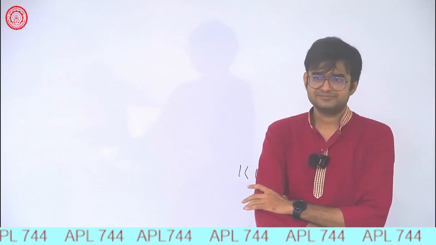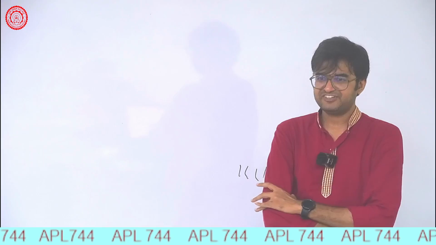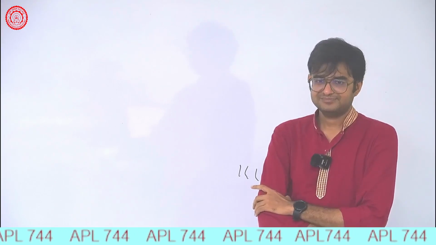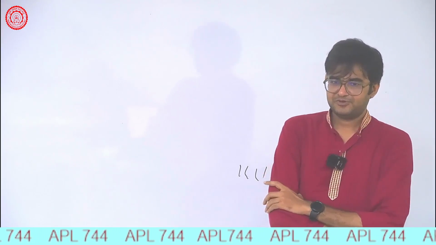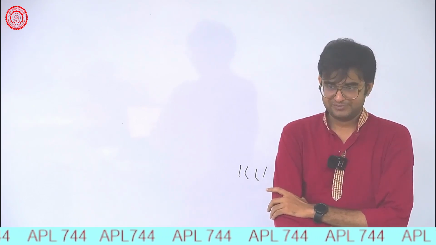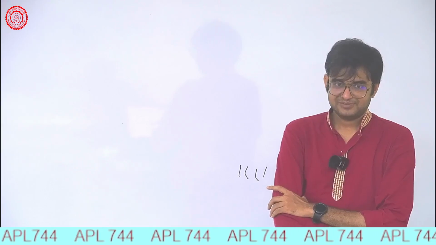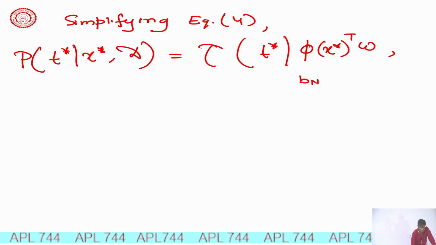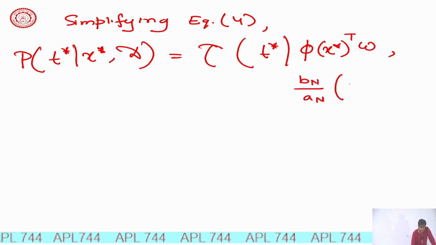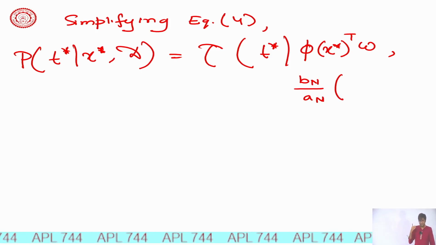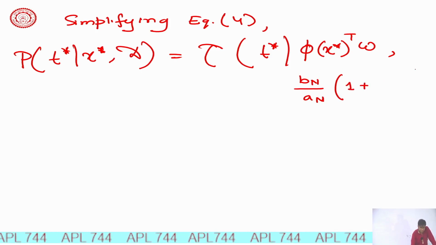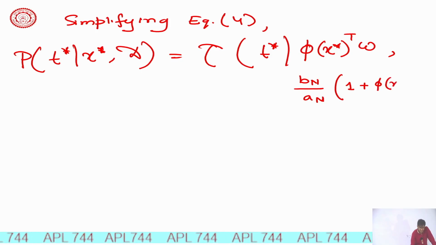So then, what is the second term? The precision will be equal to Bn by An, that is correct, and then look carefully. Identity plus phi x star transpose Vn phi x star. It can be identity if you are trying to predict multiple, otherwise it will be 1.